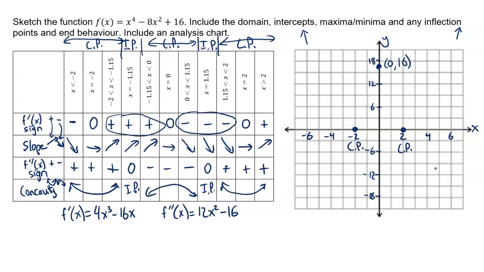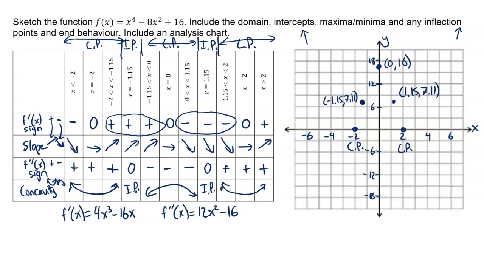We also had a critical point at 0 when the x value was 0. So we have a critical point at all 3 points on the graph so far. And then we have these inflection points at 1.15 and 7.11. So 1.15 and 7.11. And then we had another one at negative 1.15 and 7.11. Negative 1.15 and 7.11 there.